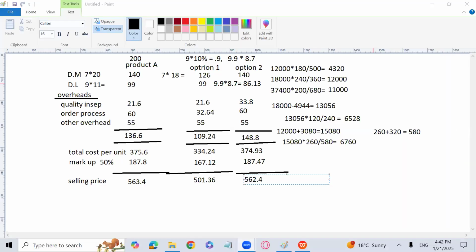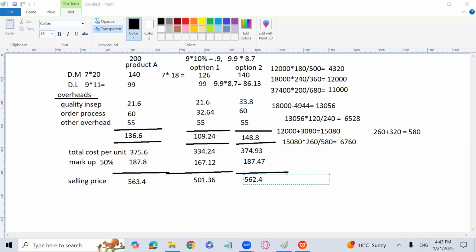Yeah. So what happened is that because of the increase in the quality inspection, the quality inspection cost increased by 3080, and that has increased the quality inspection cost per unit by 33.8.